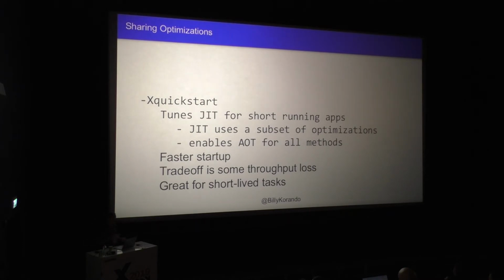Since it's short running and would be running the same microservice many times, the AOT can be a lot more active, and it's ahead of time compilation. So all that leads to a faster startup. Again, small trade-off in throughput, but it's all great for short-lived tasks.